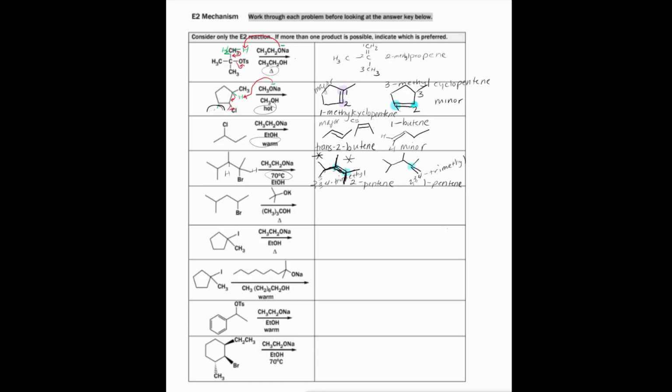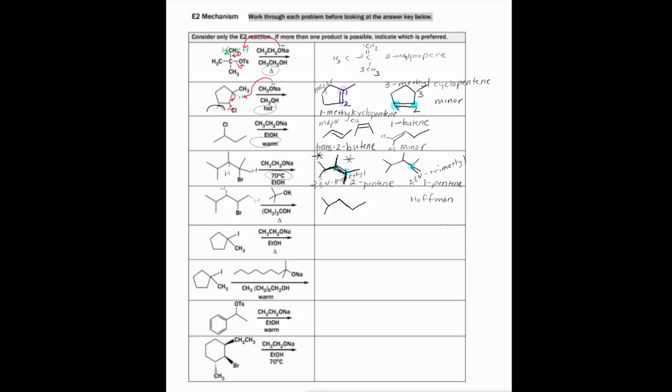And here for the next problem, we have a beta hydrogen here and a beta hydrogen here. Now this one is a little bit of a trick question because I don't think we cover it in my Organic 1 class, but I know we cover it later in Organic 2. But these particular reagents form what's called a Hofmann elimination product.